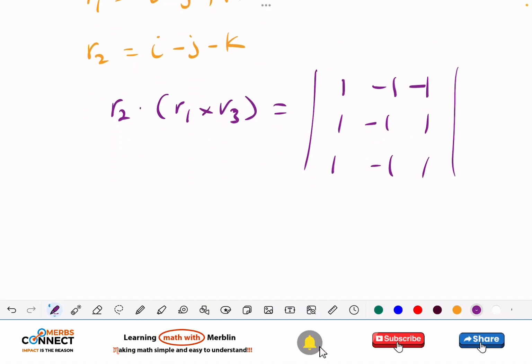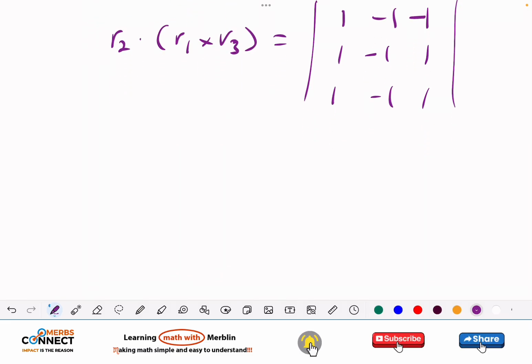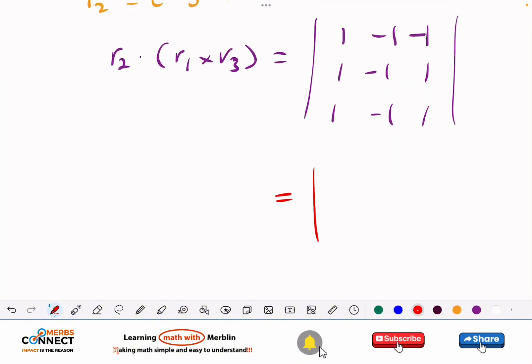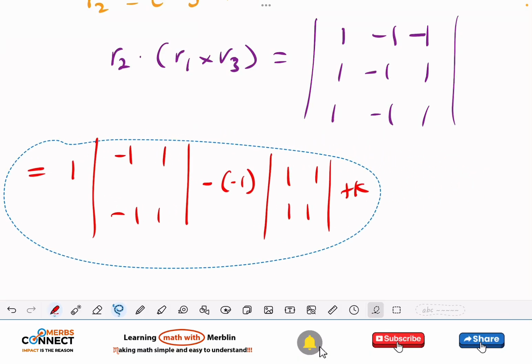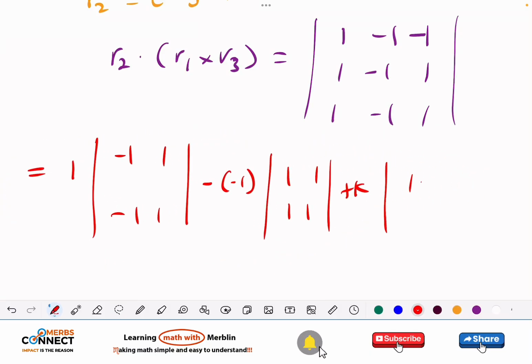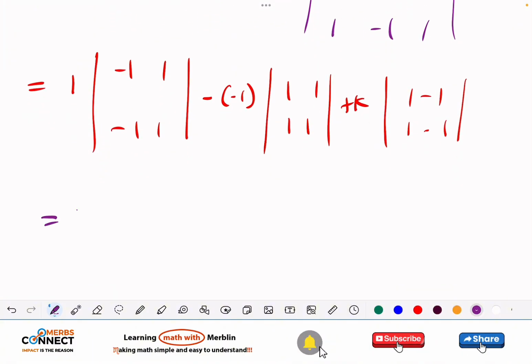So let's see what we are going to get for that one. Expanding, I pick 1 times minus 1 plus 1, minus 1 times 1 plus 1, plus 1 times 1 minus 1.